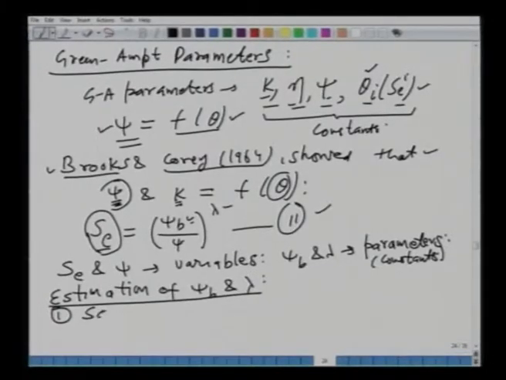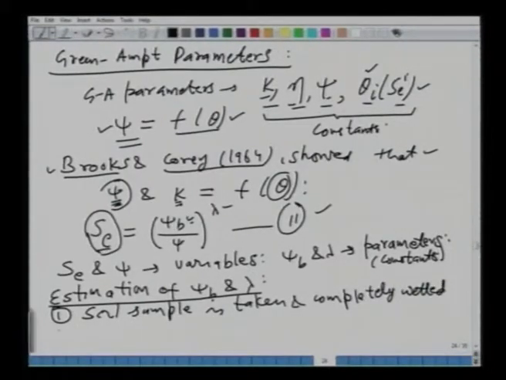What is done is a soil sample is taken from the field, and it is completely wetted. Okay, that is completely drenched with water, and then the sample is now drained.